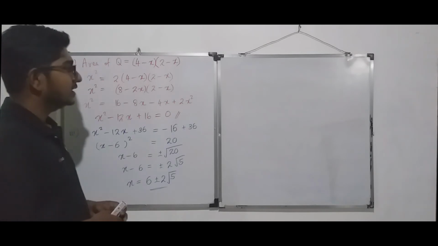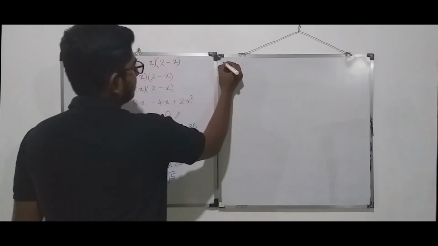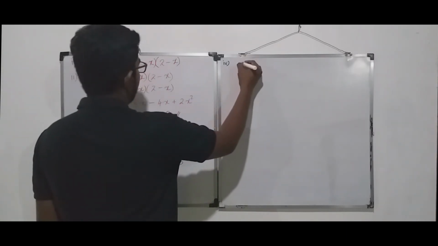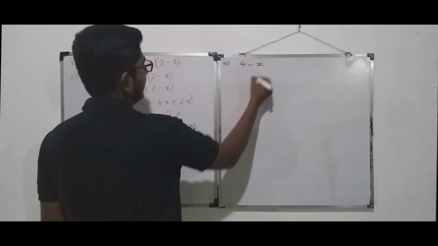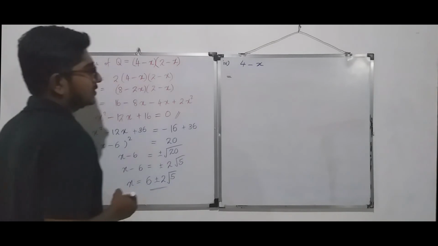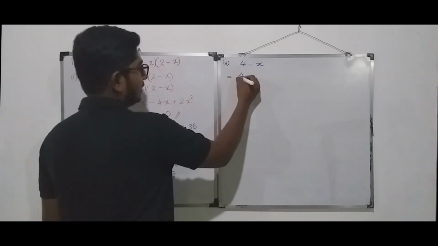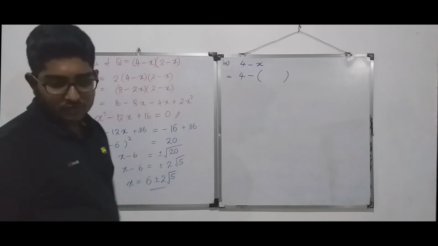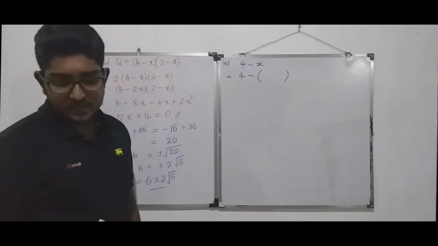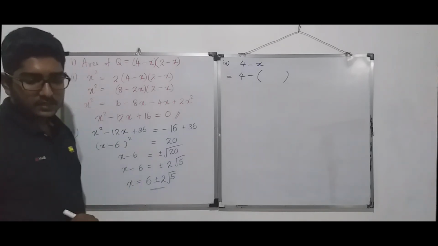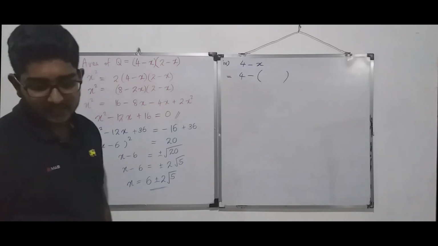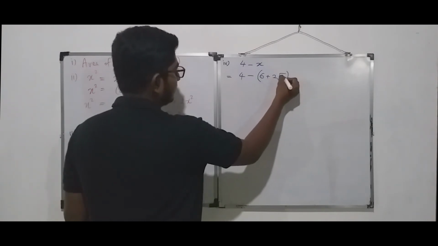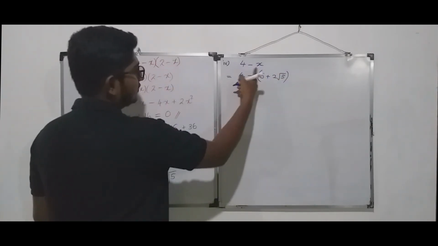So I can take any length. So I take the length, which is 4 minus x. For that I am going to substitute the solution that they want us to show is not suitable, that is 6 plus 2 root 5. So I substituted this for x.